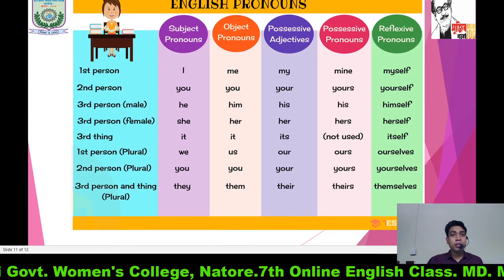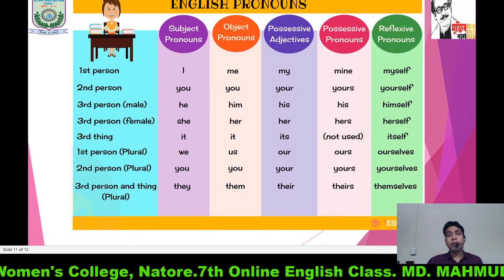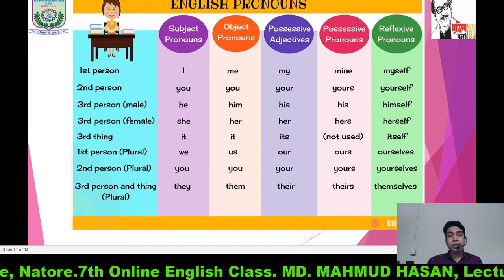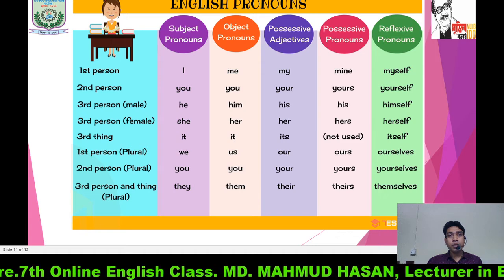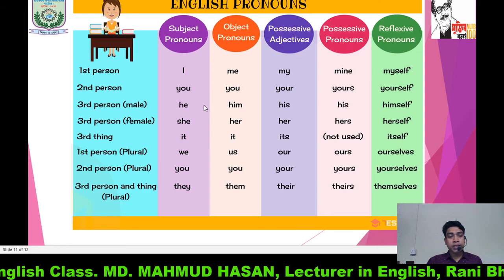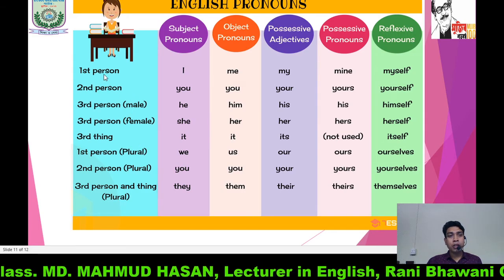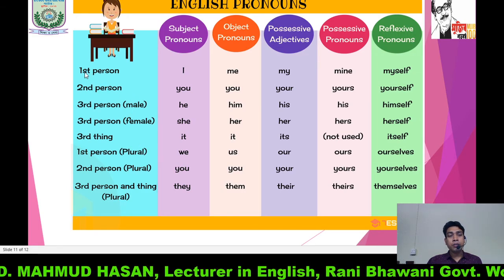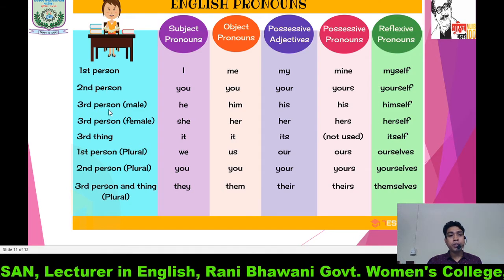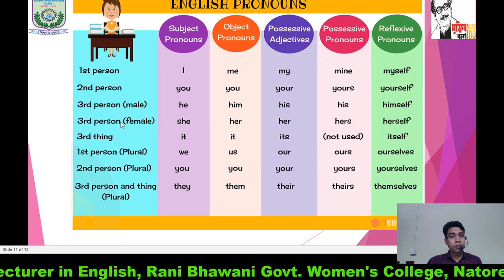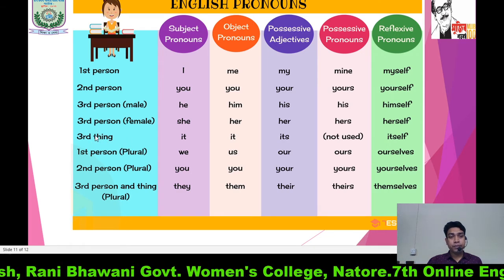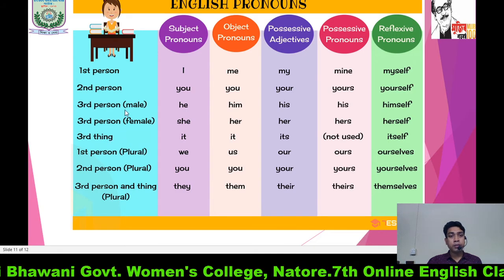What we discussed until now is all in this picture. If we summarize it, on our left side we have shown first person, second person, third person male, third person female, third person thing, not male or female.